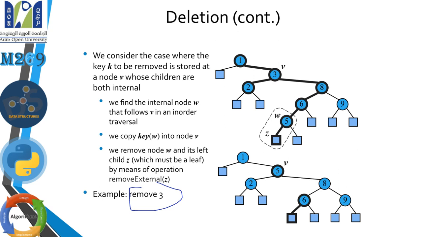Now let's remove 3. See, the case here is a bit more complicated. Here we need to copy keys, because 3 has 2 internal nodes on both sides. So we need to do some reorganization for the keys. How to do this? First, remove it, but replace it with the key that follows it directly, immediately.